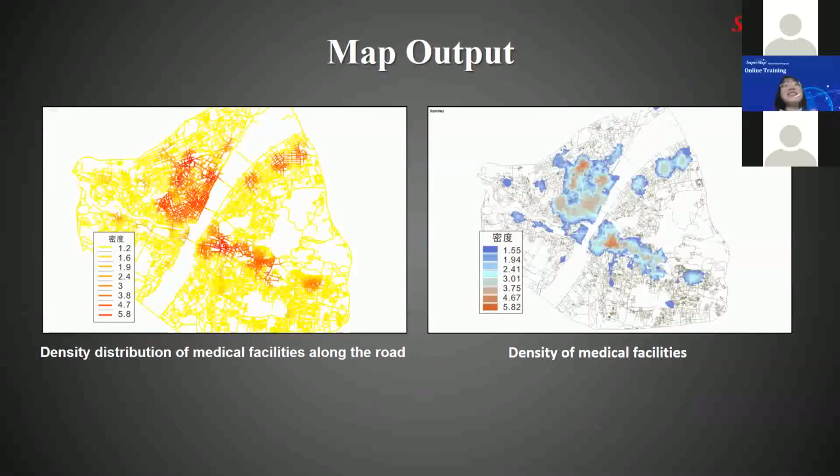First is the density distribution of the medical facilities along the road, and the density of the medical facilities, to explain the spatial distribution of the medical facilities of the city. You could see that the medical facilities are usually concentrated in the city center.